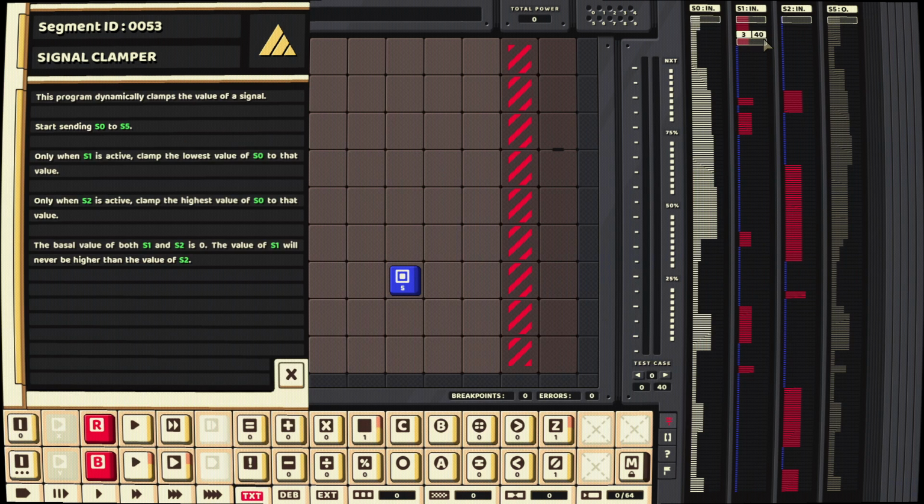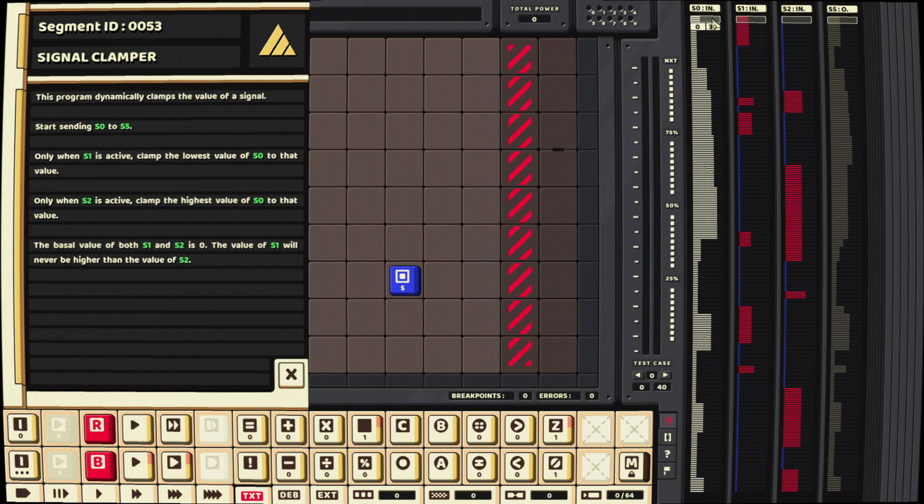Alright, let's try and analyze this. Only when S1 is active. Only when. Only when. So when they're both active, what, nothing happens? Only when S1 is active, clamp the lowest value of S0 to that value. So make it so that S0 is only... wait, only when S1 is active, clamp the lowest value of S0 to that value.